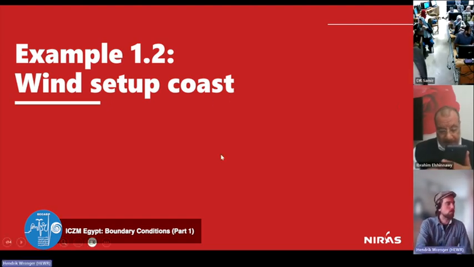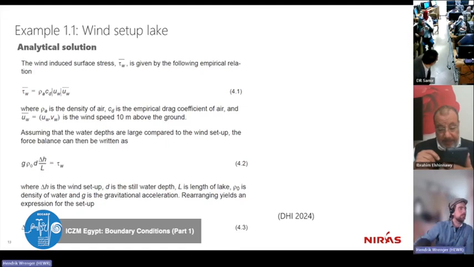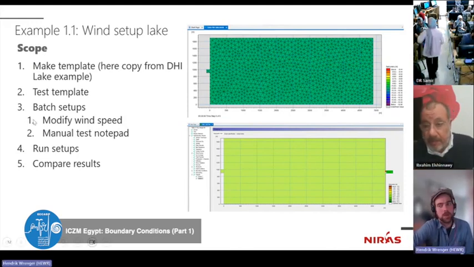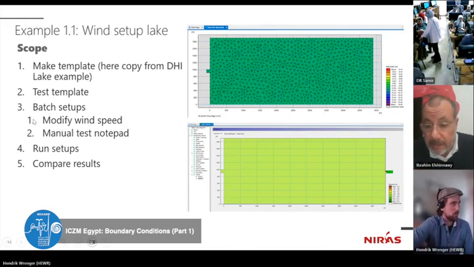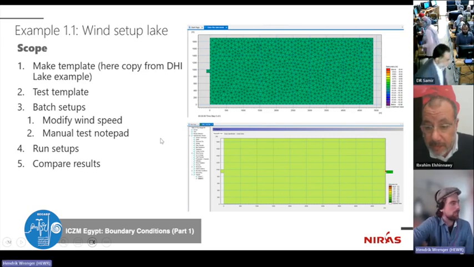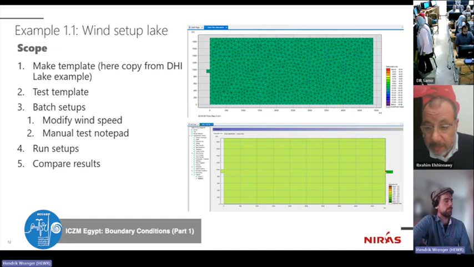Okay. So, quick recap. We did the first example of the lake, where we varied the wind speed from 0 to 40 in 5 meters per second steps.